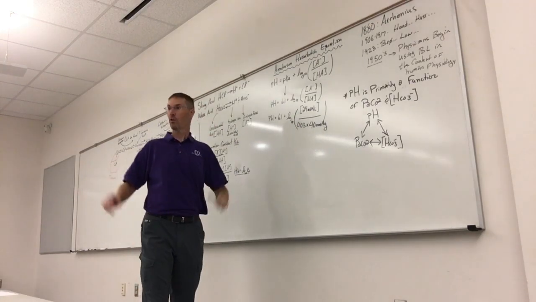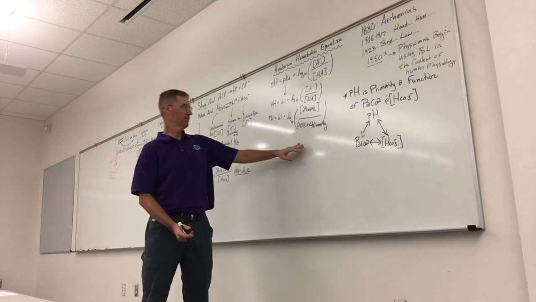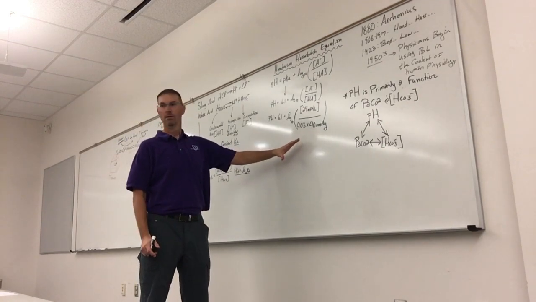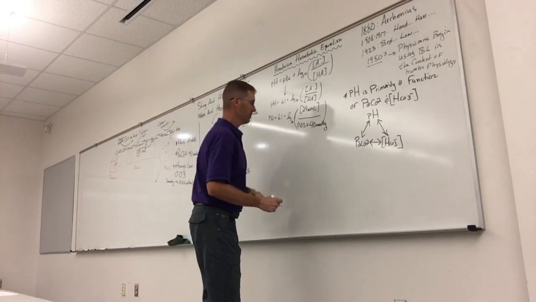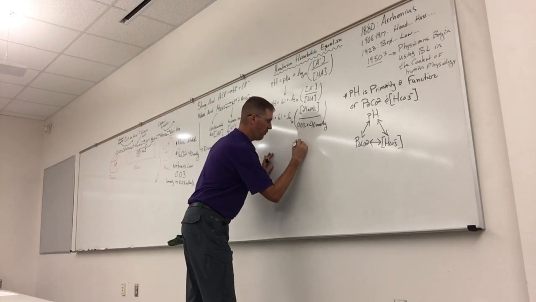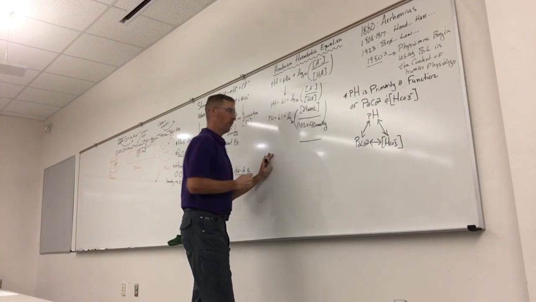So let's solve this equation. What do we do first? Parentheses, right? Basic order of operations. So let's do 0.03 multiplied by 40. What does that give you?